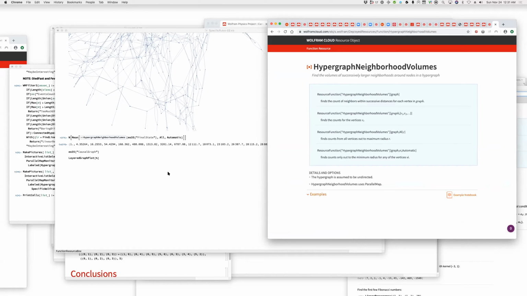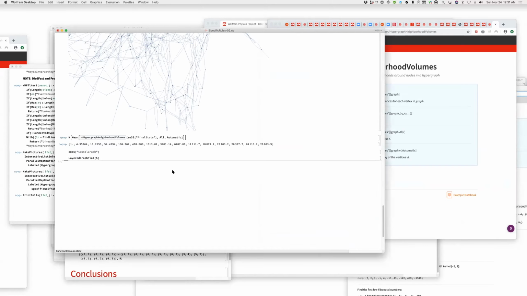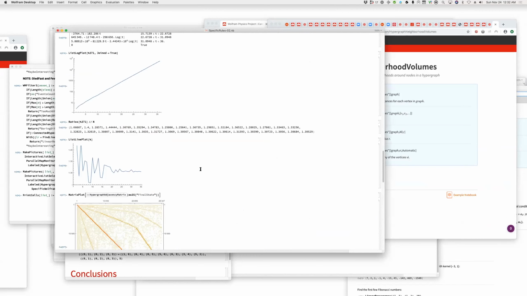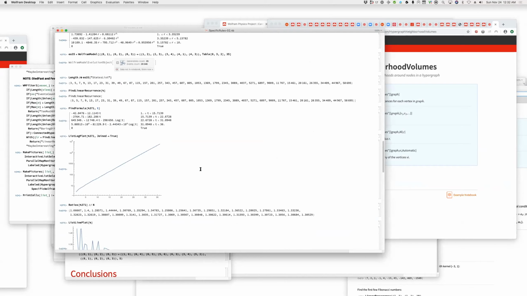Okay, so that allows for random vertices. Okay, how many vertices did this have? Let me check. Oh, look, it's like 20,000, right?